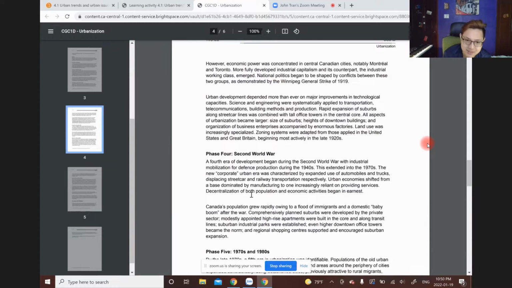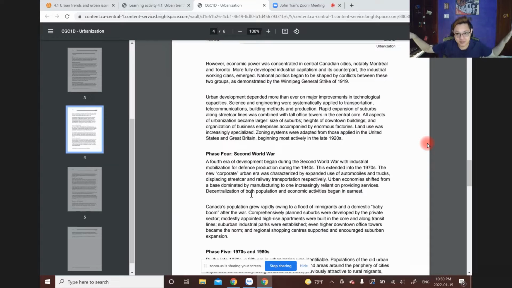Decentralization. You know what decentralization means? De means remove. Central, center. So remove something. Basically, what it means is that all the services and factories are no longer concentrated in one place.